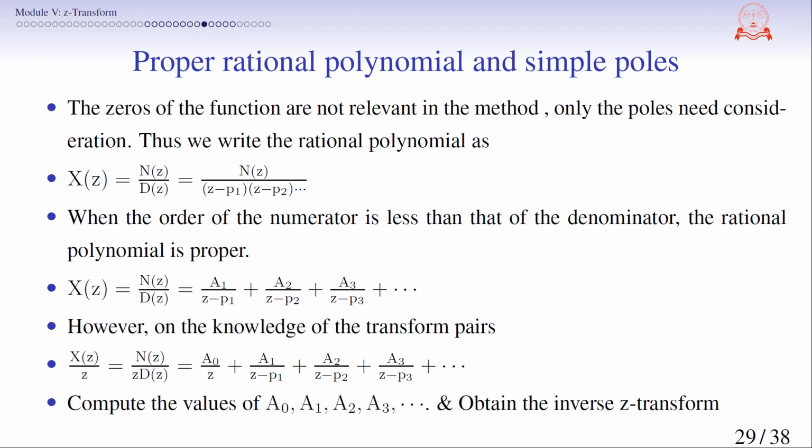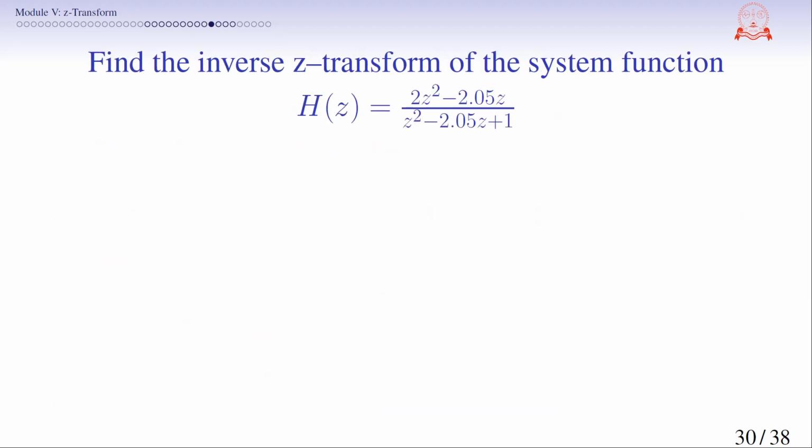Compute the values of the constants a0, a1, a2, a3 and obtain my inverse z transform. So let us go for an example. Here I have to find the inverse z transform of H of z, that is H of z equal to 2z square minus 2.05z divided by z square minus 2.05z plus 1.